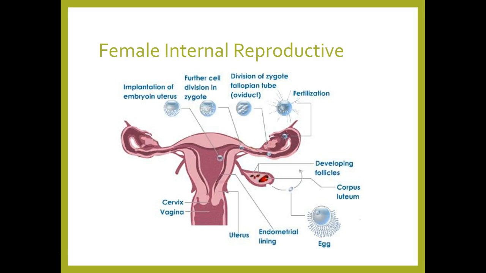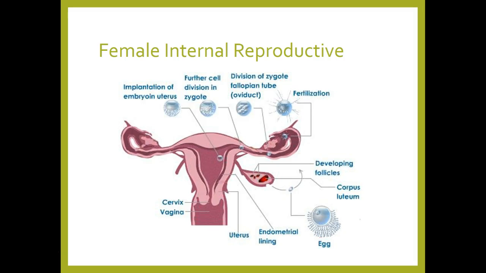So here you have a slide that depicts the female internal reproductive system for you. You can see the ovaries, a uterus, and some fallopian tubes on this slide. The ovaries produce mature gametes or sex cells, and those secrete hormones.